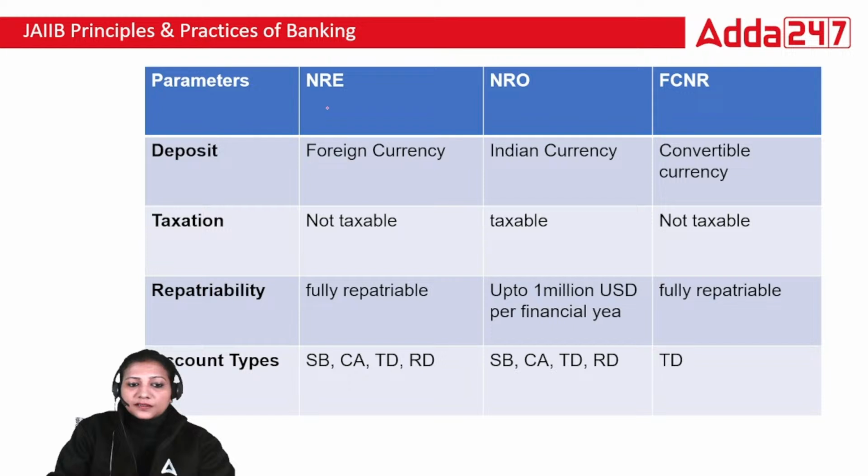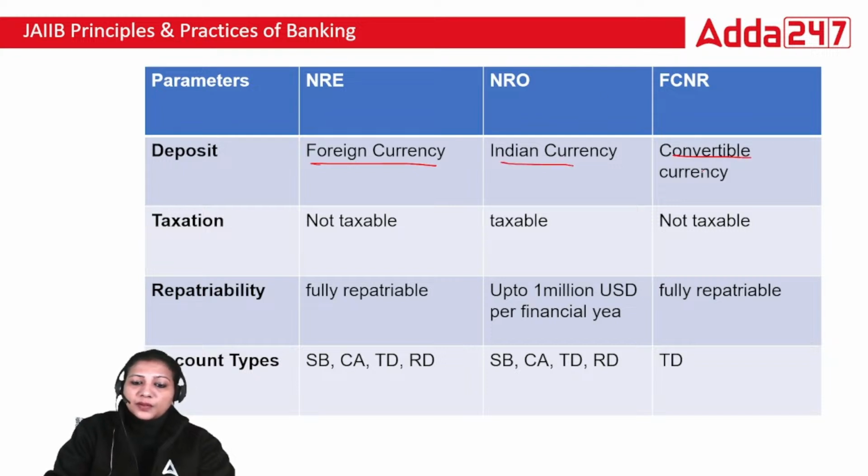Deposit: in an NRE account, foreign currency can be deposited because the NRE account is opened for savings of foreign currency in Indian rupees here in India. NRO accounts are in Indian rupees, and Indian currency is allowed.